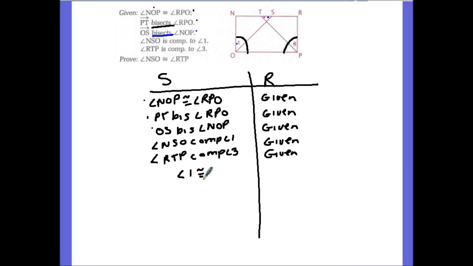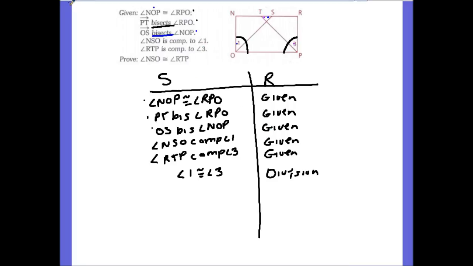Now, I carefully selected those. Why do you think I chose those angles instead of the other ones? I could have selected SOP and TPO, but I didn't select those. Why not? Well, if you said that it wouldn't help me cancel out, you were absolutely right.